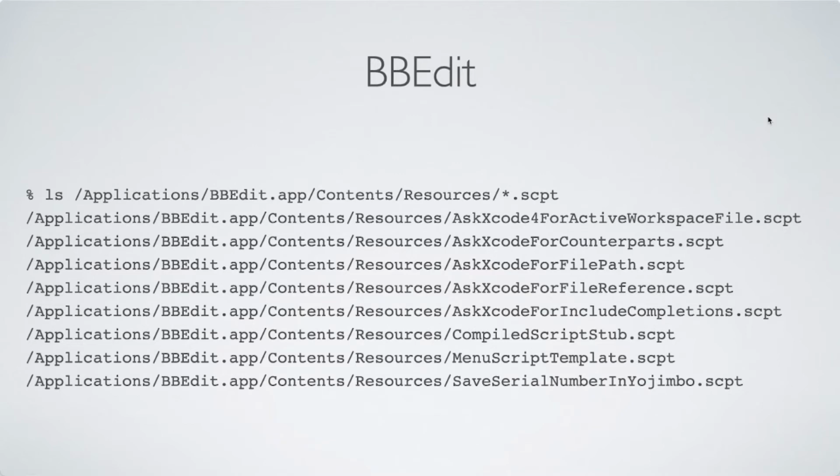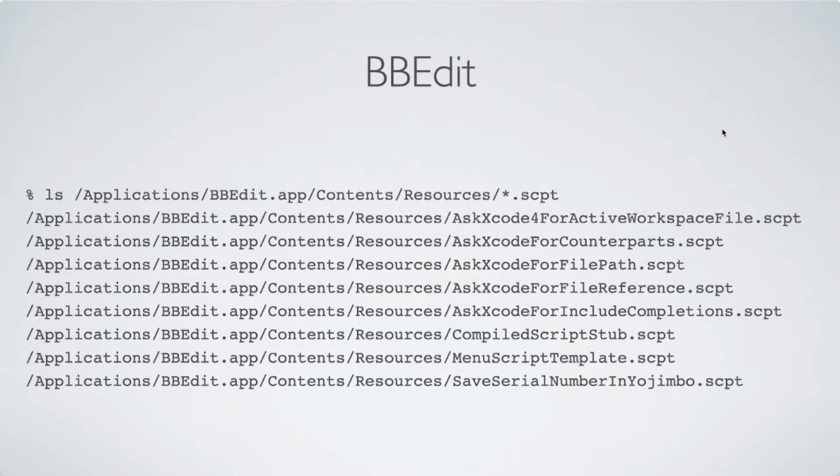BBEdit, my personal favorite text editor, also has a bunch of Apple scripts inside of it, so those could potentially be abusable. These all are used for various user-initiated activities, and they could potentially be abused, but I don't know how useful that would be.